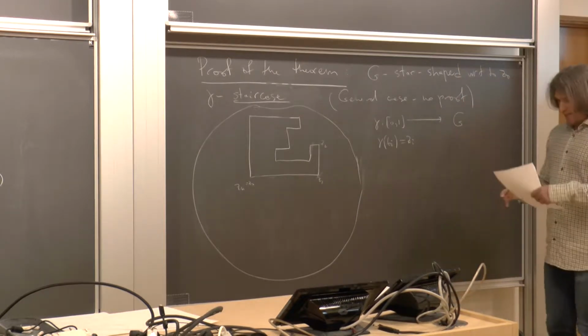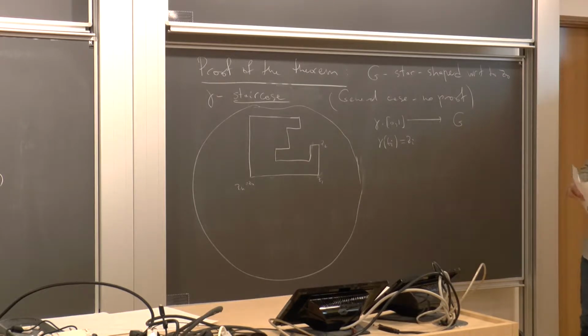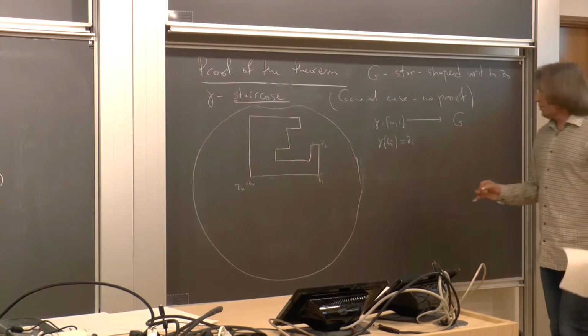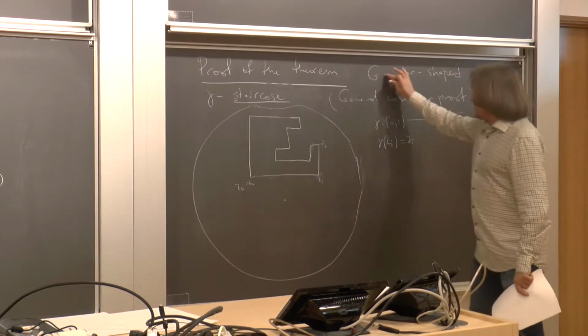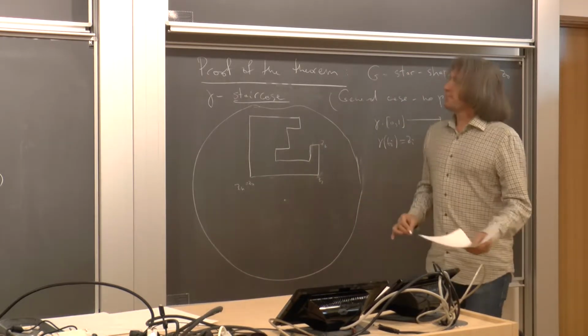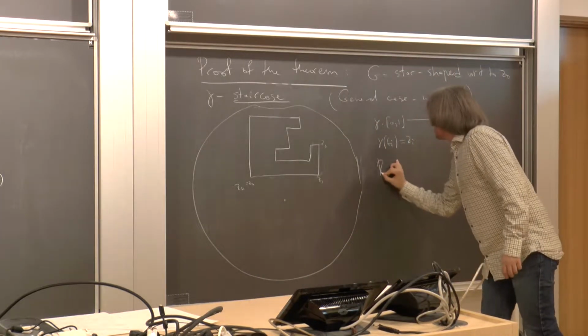So the picture I drew at the end of the previous lecture was slightly misleading. So here is the point with respect to which G is star-shaped. So maybe I should emphasize this remark.